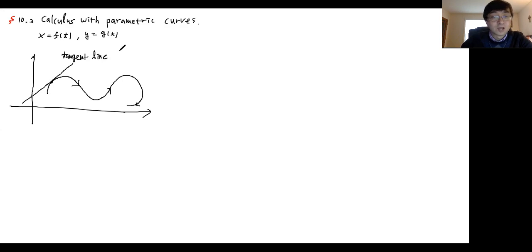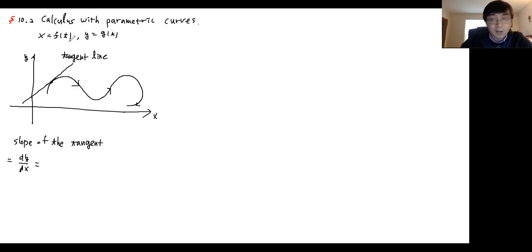So what's the slope of the tangent line? We know the slope of the tangent line is dy over dx, because this is the x-axis and this is the y-axis.